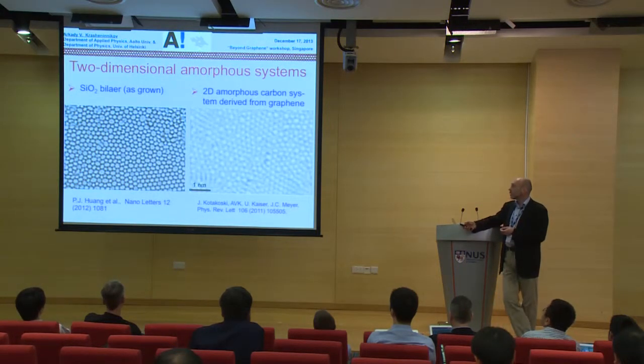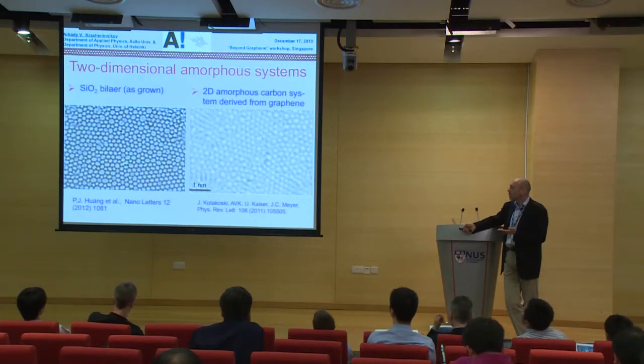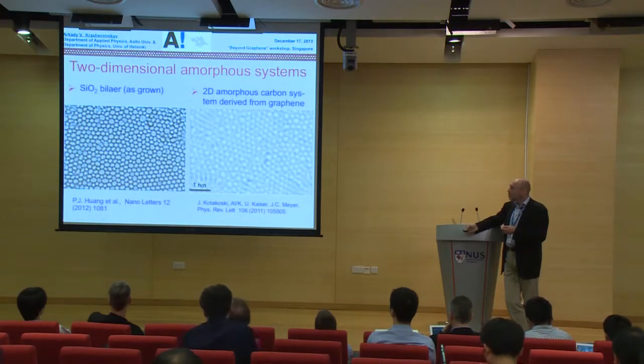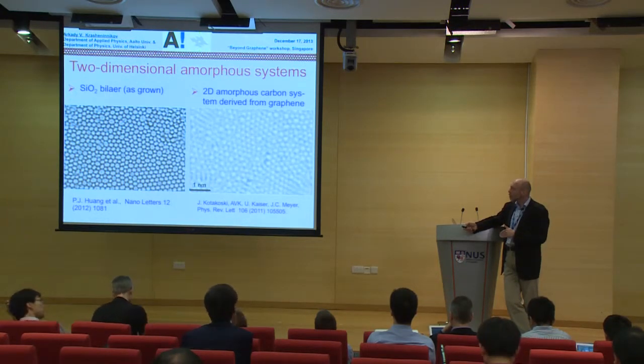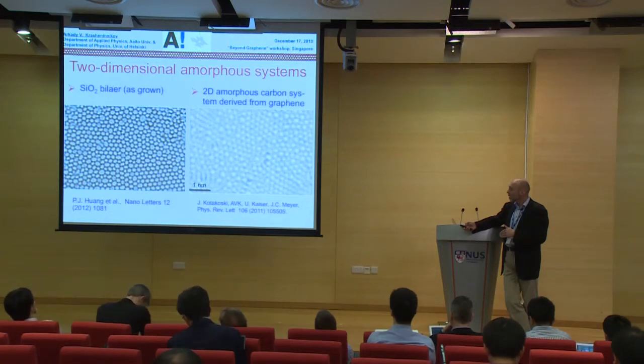Finally, I would like to note that SiO2 exists as a crystalline and as an amorphous material. And you can also make amorphous graphene by treating it under very special conditions. You first create some defects, and then you irradiate with electron energies below the displacement threshold. So you have lots of bond rotations. The system remains more or less coherent in the sense that it does not create holes, but it's heavily randomized.